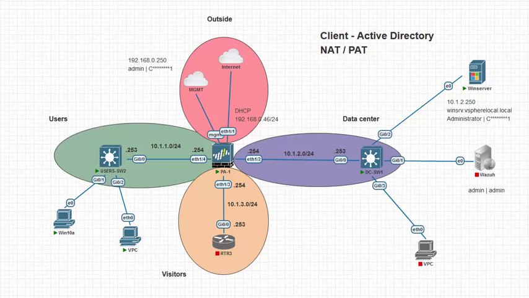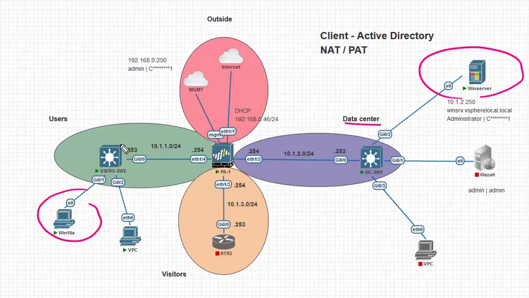And just to go through really what's happening with this, we've got a Windows server over on the data center, and we've got a Windows client over here on the users zone.